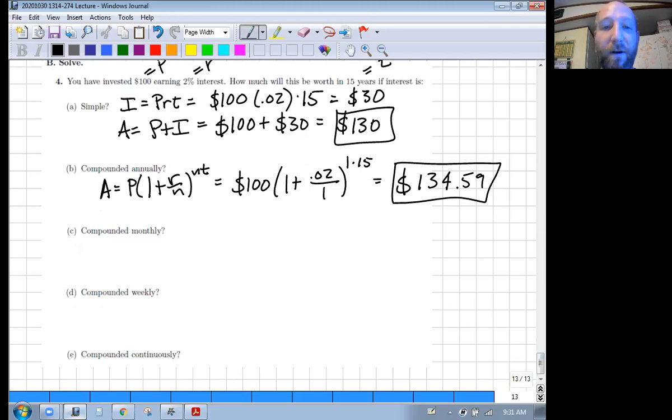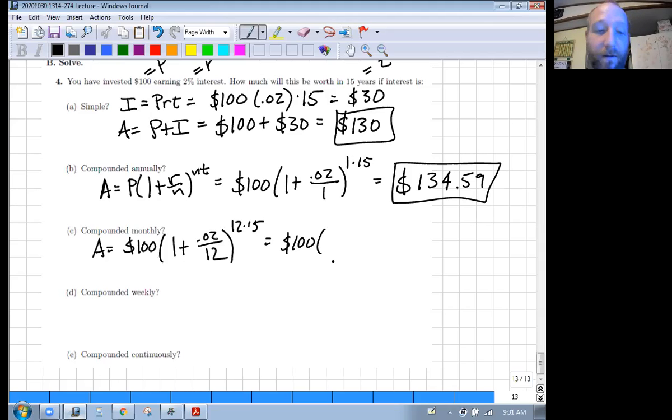All right, what if we compound it monthly? We got $100, 1 plus 0.02 monthly, N is 12. So we got 12 times 15. Let's see, what is 12 times 15? This is 180.